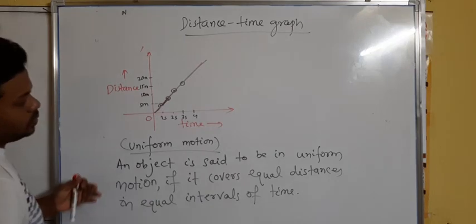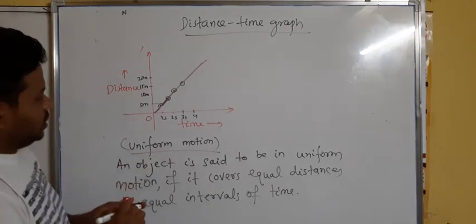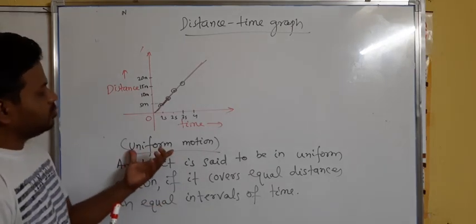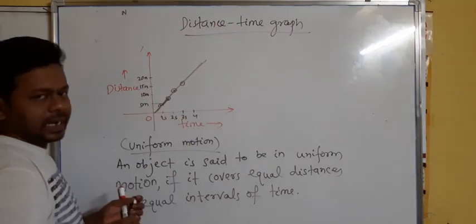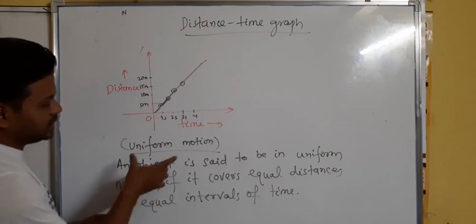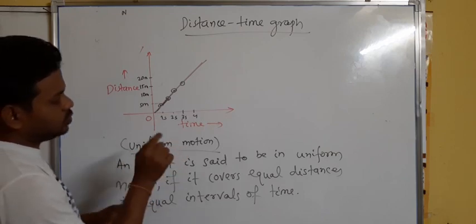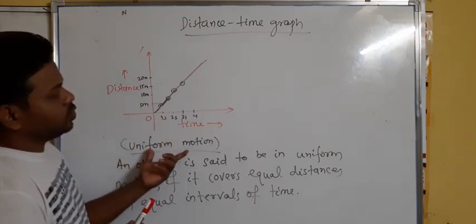So always remember, students, that for uniform motion the distance time graph will always be a straight line.